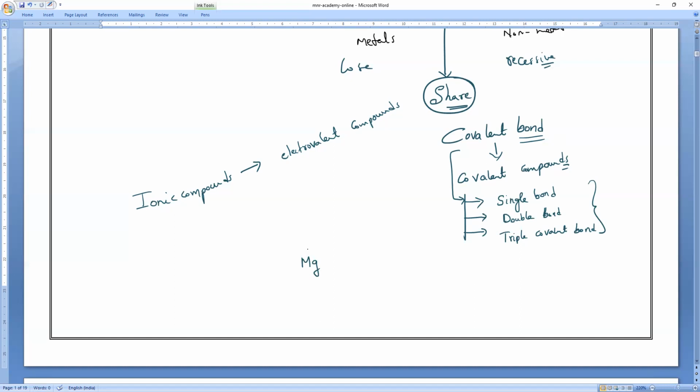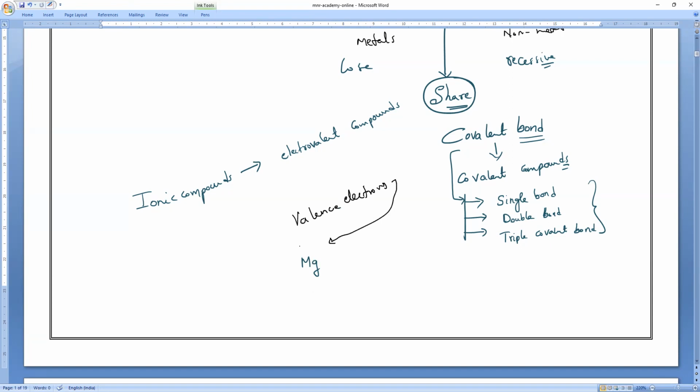What do we have to represent above the atom, everybody? Only valence electrons you have to represent. Please remember, valence electrons alone you have to represent above the atom.